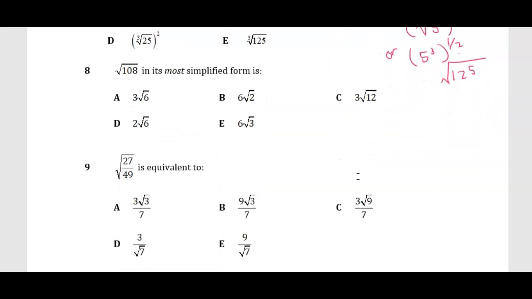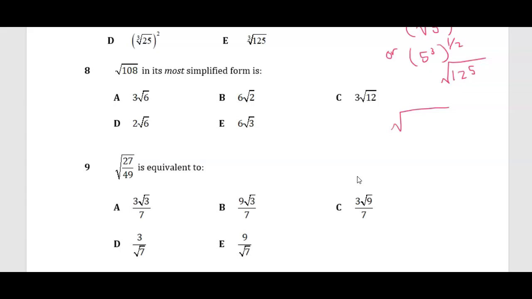Okay, question 8, the square root of 108 in its most simplified form is. So again, we need to find the highest square number that goes into 108. So I've got to really think about this. I think it's 36. I kind of do cheat and look at my answers.